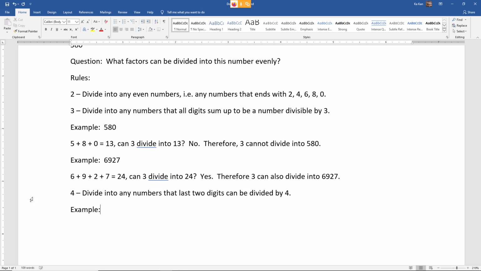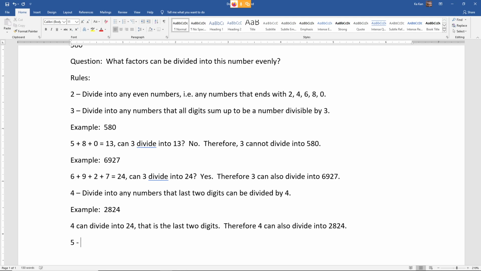Example: say we have something ridiculous like 2,824. Now, 4 can divide into 24, right? That is the last 2 digits. Therefore, 4 can also divide into 2,824. Again, you can try that using a calculator, and it will always work. It's always the last two digits.